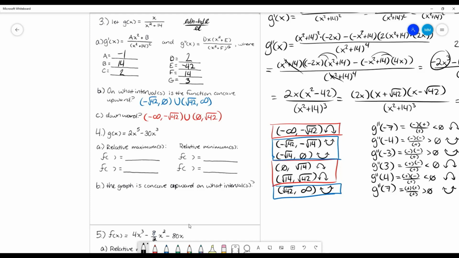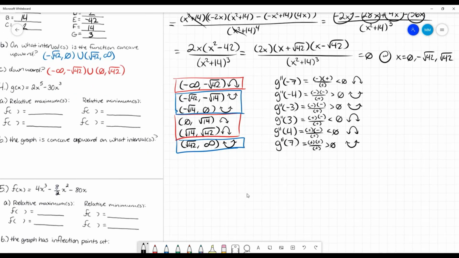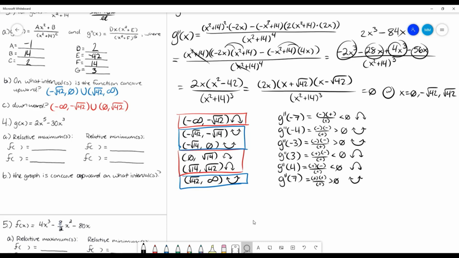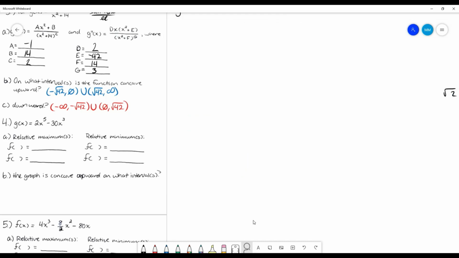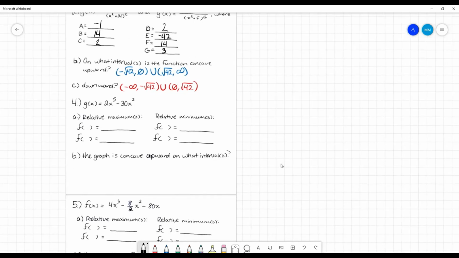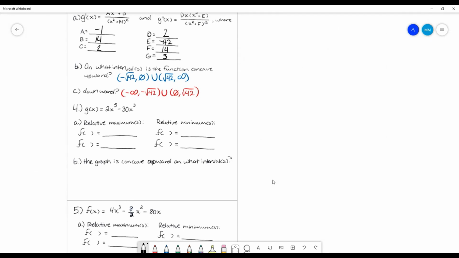All right, I'm going to go ahead and erase my work over here so we've got room to do number 4. There we go. So number 4, same deal, except they don't care about when it's concave downward, just upward. We're given this function, g of x equals 2x to the 5th minus 30x cubed.